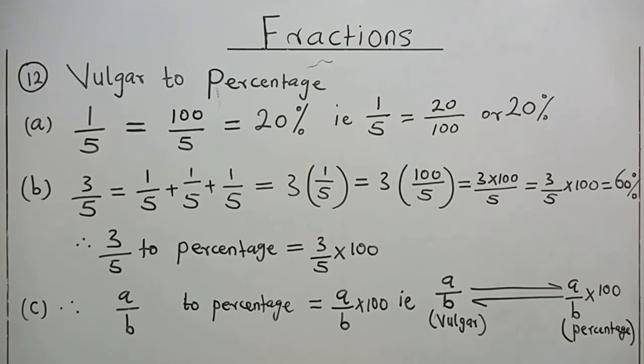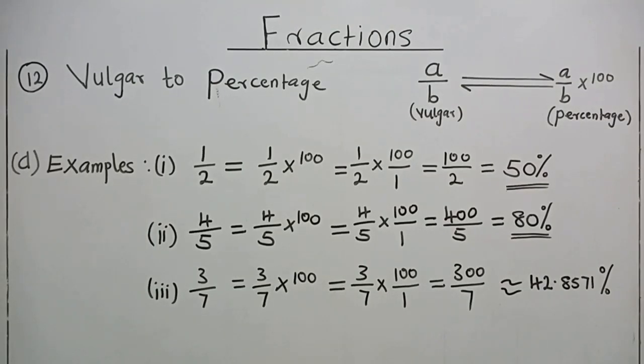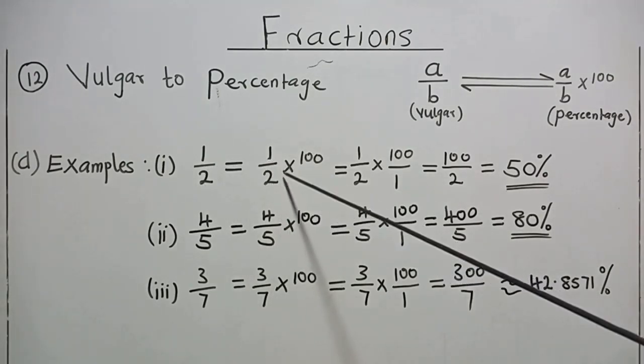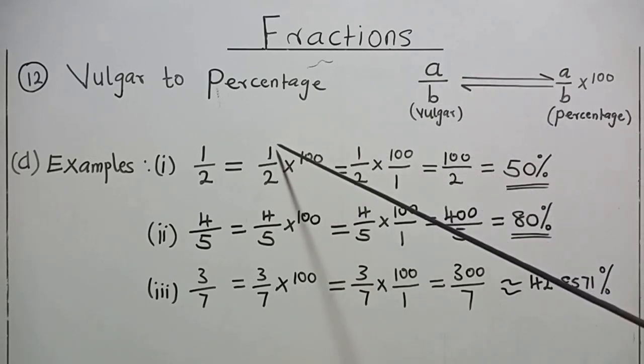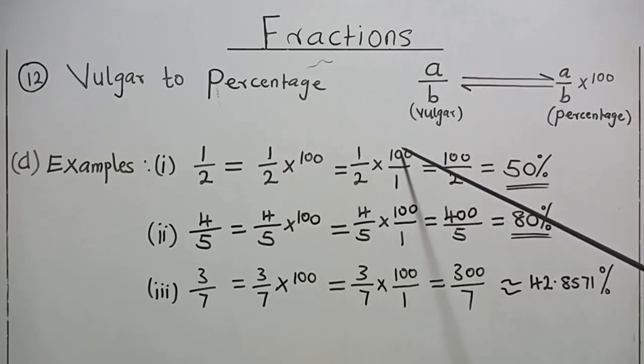Let us see some examples of conversions with this formula. And here are the examples. The first example is to convert this 1 over 2 to a percentage. Let that 1 over 2 be A over B. I want to convert it to this percentage. How is it done? Based on this formula, all I should do is to write the same fraction and multiply it by 100. That means the same 1 over 2 is written here, then times 100. This 100 is the same thing as 100 over 1.